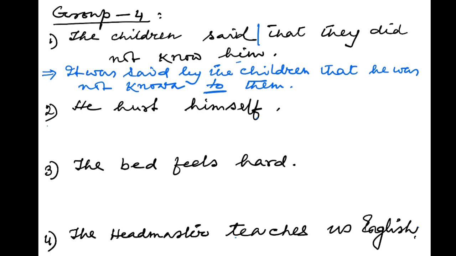Okay, now come to the next sentence. He hurt himself. You know, himself is a reflexive object, and you have learned that a reflexive object cannot begin a passive voice.